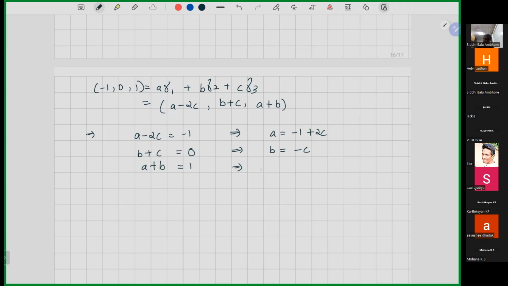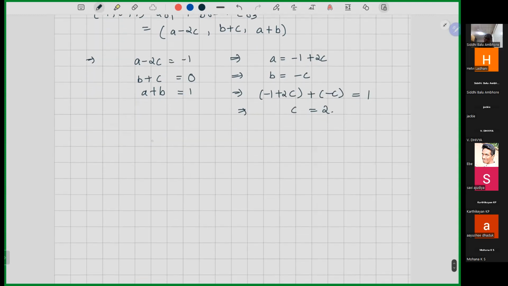Again, A plus B is minus 1 plus 2C plus minus C is equal to 1. And I end up getting C is equal to 2, because 2C minus C is C, and when I shift this 1 there, I get C is equal to 2. And this will give me A is equal to minus 1 plus 2 into 2, which is 3. And B is now minus 2.